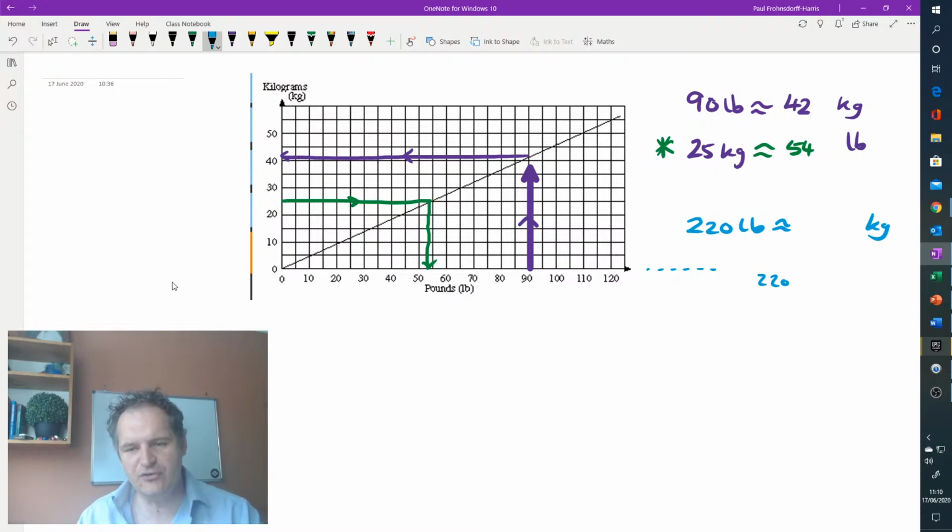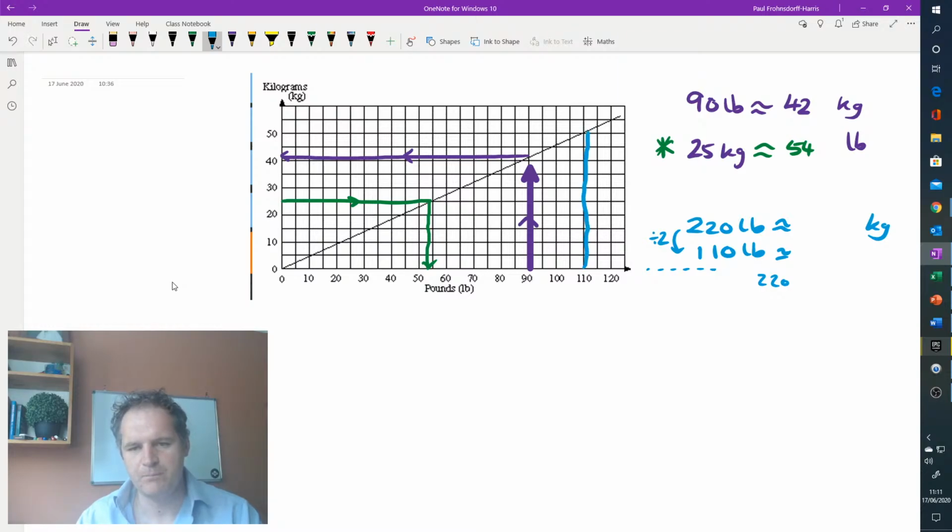But what I can do is find 110. Can you all see why I would do 110? It's because it's half. So if I find out what half is, or what a tenth is, I can work it out. Because if I go and say, what's 110? That's not the straightest line in the world, is it?